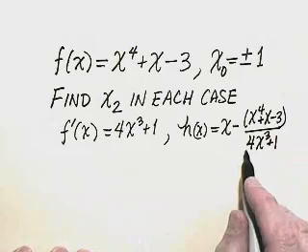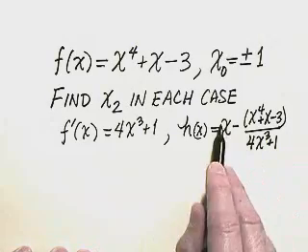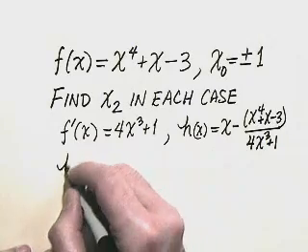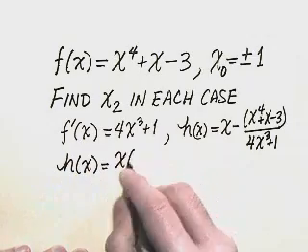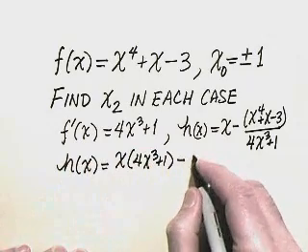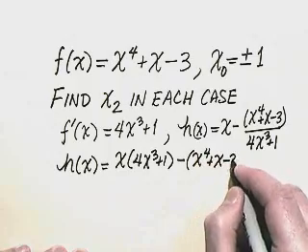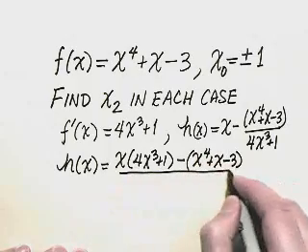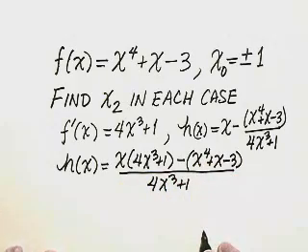Now, let's simplify. So get a common denominator here. I'll cross multiply. So h of x is equal to x times the quantity 4x cubed plus 1 minus the quantity x to the fourth plus x minus 3, all divided by 4x cubed plus 1.